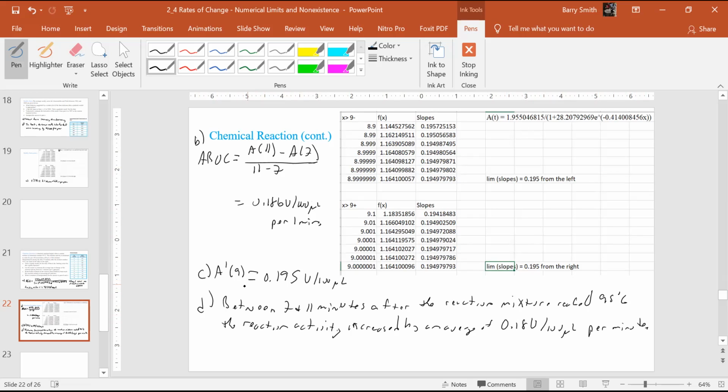And the last one was this. And so for that one, we can say after 9 minutes, the reaction activity, oh, where'd the rest of that word go?